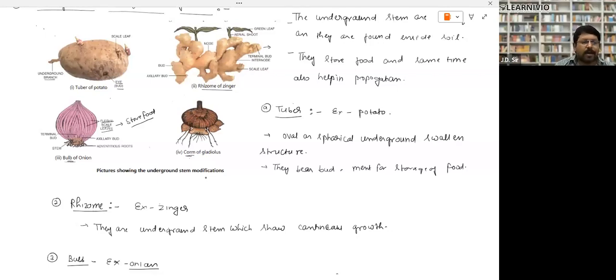Please note it down: in onion and garlic, fleshy scale leaves store the food.